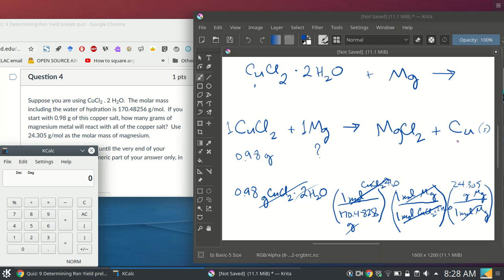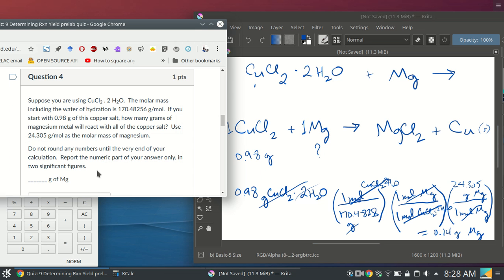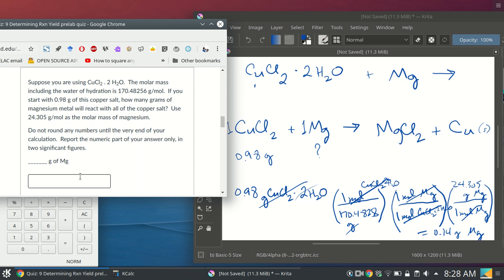On the calculator, I go 0.98 times 24.305 divided by 170.48256 equals 0.14. So my answer here is I'm going to need 0.14 grams of magnesium. So I type my answer in here, 0.14, and that's it.